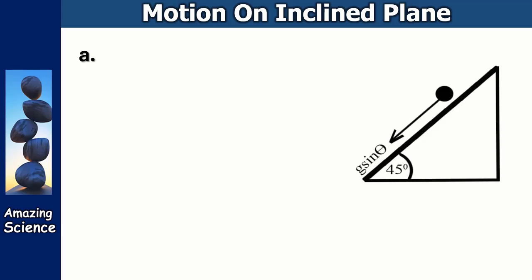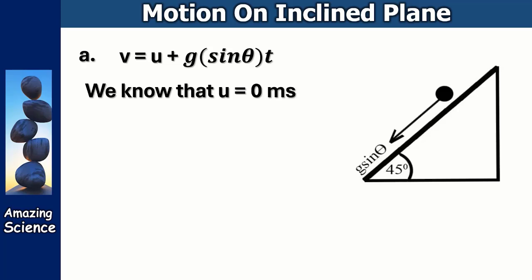So for the A part of the question, where we are supposed to find the final velocity, we are going to use the equation v is equal to u plus g sine theta t. But we know that the body starts from rest, so the initial velocity is 0. And so we are going to have v is equal to g sine theta t.